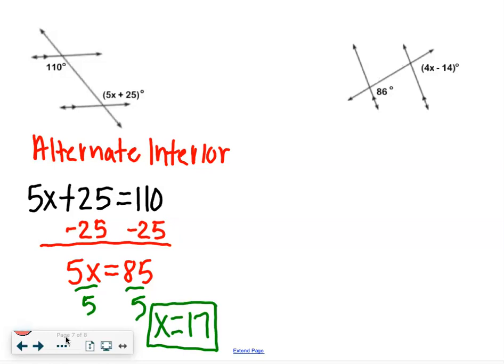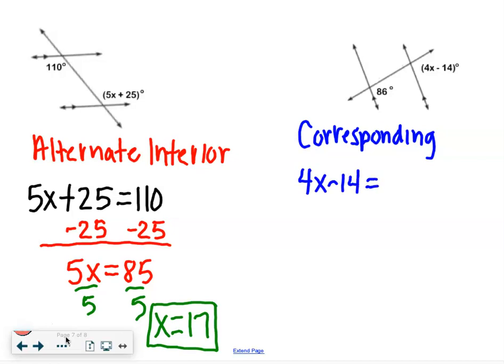Okay, and then our last one for notes today, everyone. If I have two angles that are in matching spots, right? Bottom right corner, they are corresponding. And we know that corresponding angles are equal, so I'm going to set 4x minus 14 equal to 86.